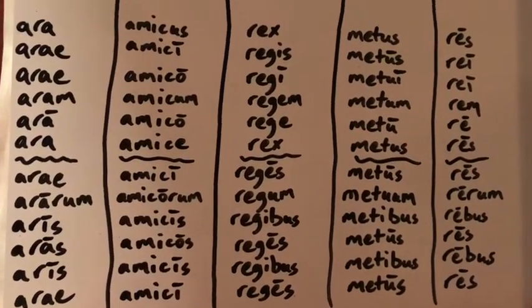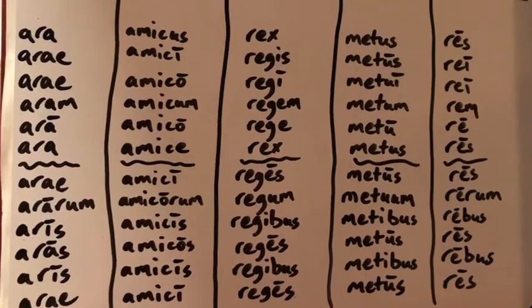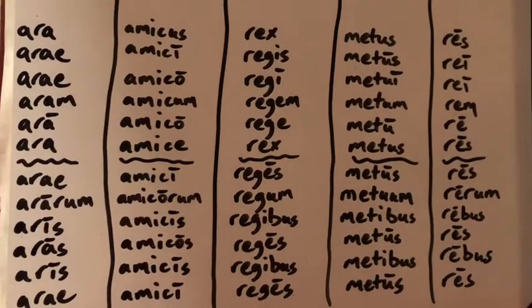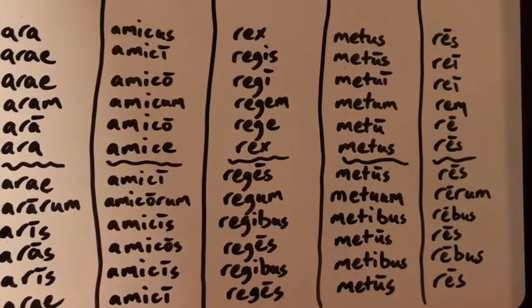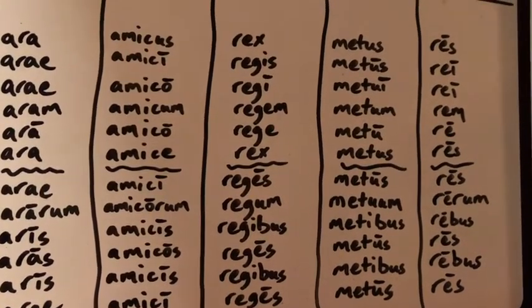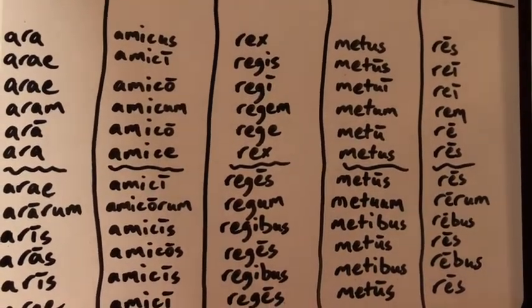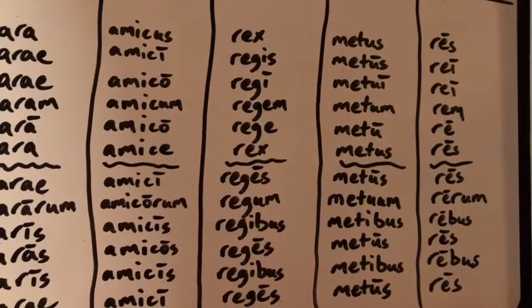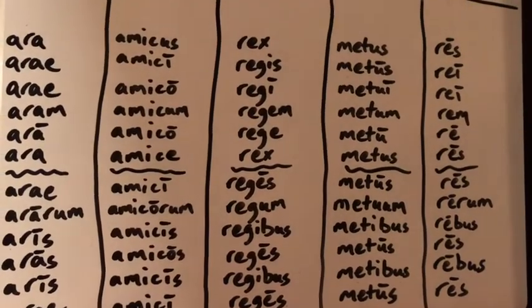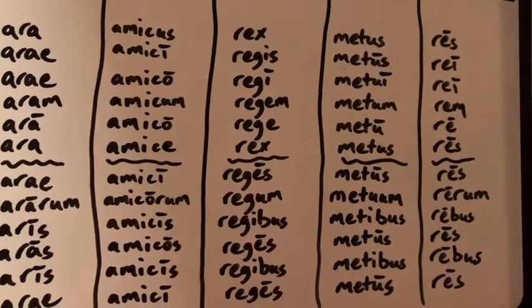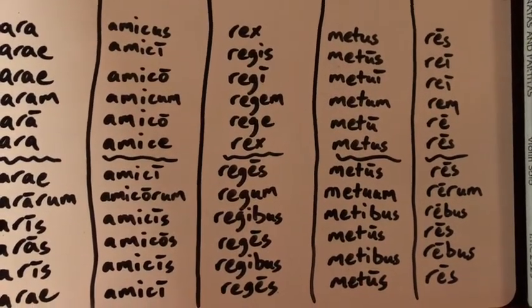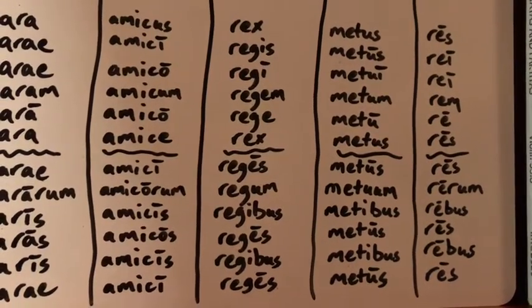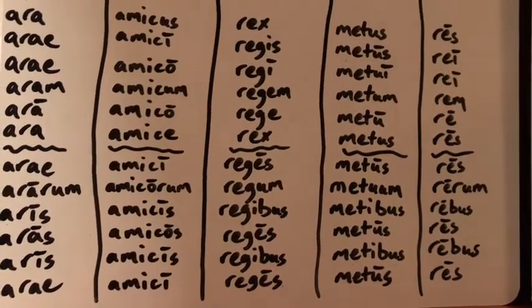Okay? So you've had that for a long, long time. That's first declension. Second declension is going to be recognized by that long i in the genitive, so amicus, amici. Your endings here for most second declension nouns that are masculine will be us, i, o, um, o, i, orum, is, os, is.